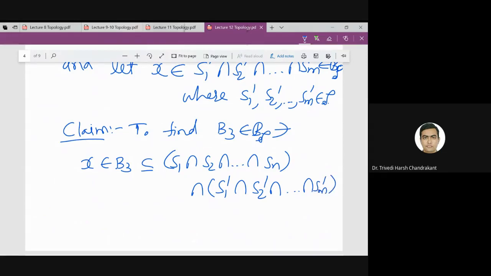Such a B3 we want to find, and B3 will also be an intersection of elements of S.